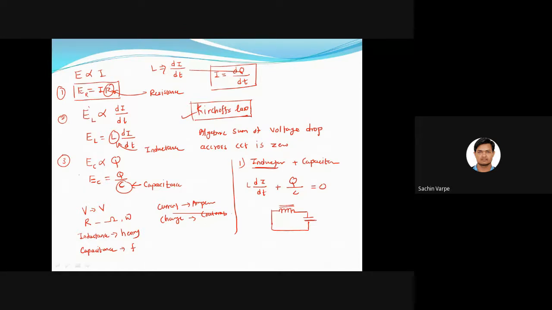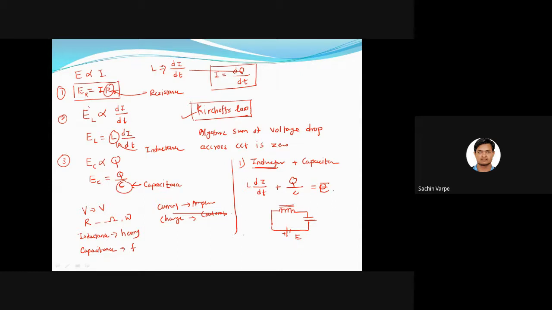And if any electromotive force is there, then that will equate with that electromotive force. Suppose it is E, then we will equate with E. Is this correct? This is Kirchhoff's law for the inductor and capacitor circuit. If any circuit involves inductance and capacitance with EMF, then that is okay.